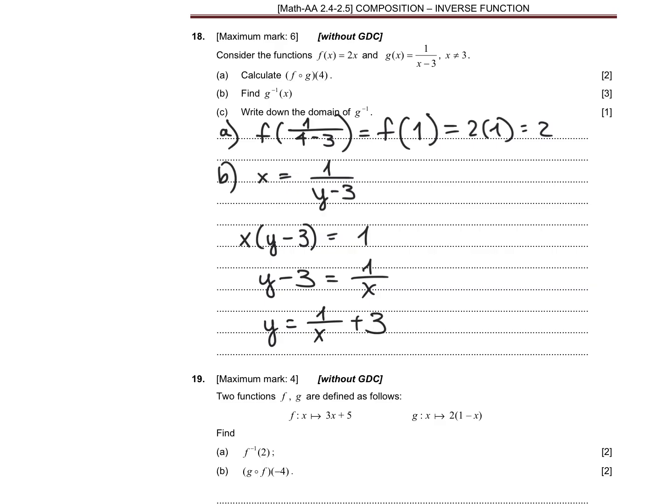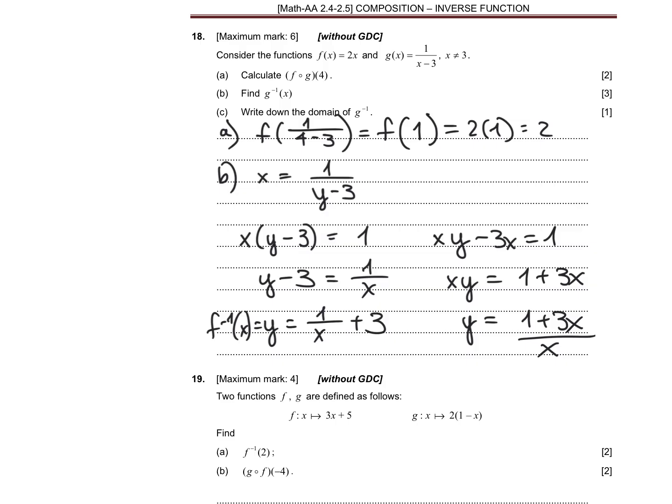If we did cross multiply it out, we'd have xy minus 3x equals 1. And then we would have 1 plus 3x over x, which makes sense if we got the denominator of x. So either one of these works. And don't forget function notation in both.